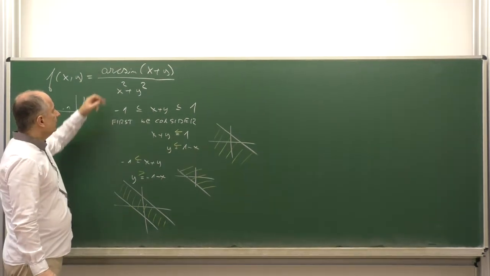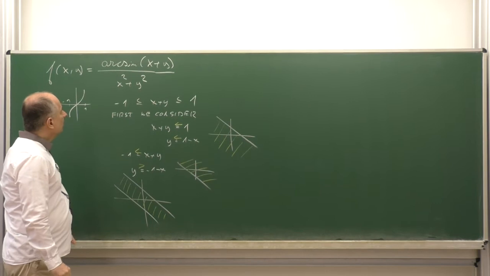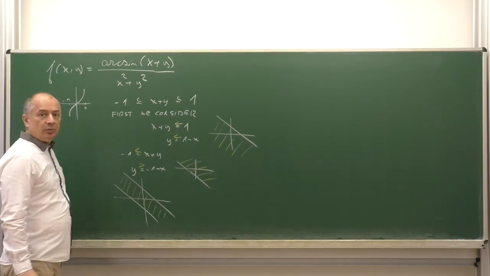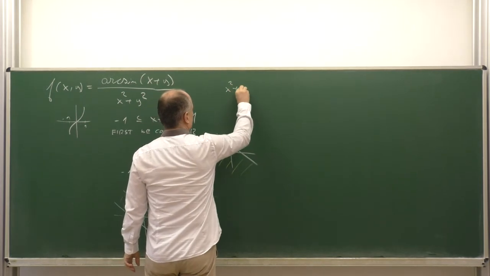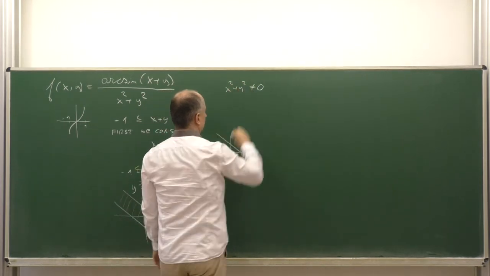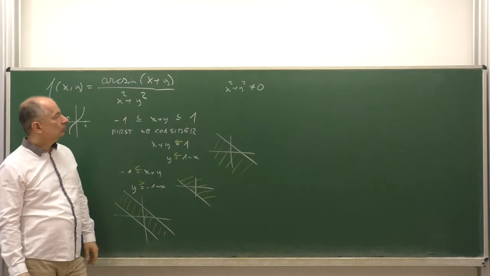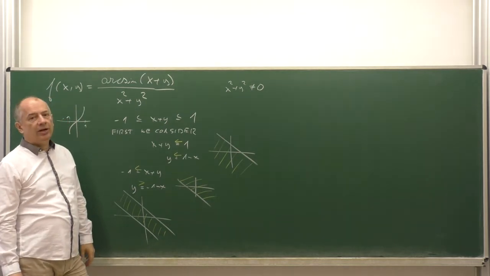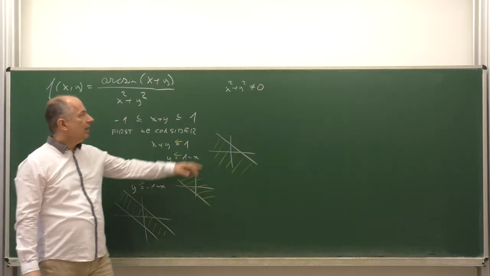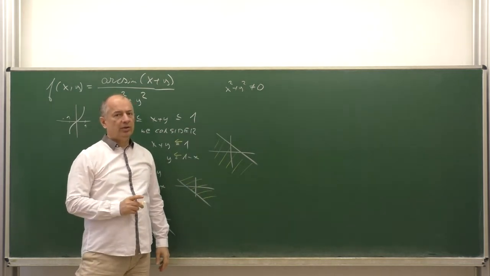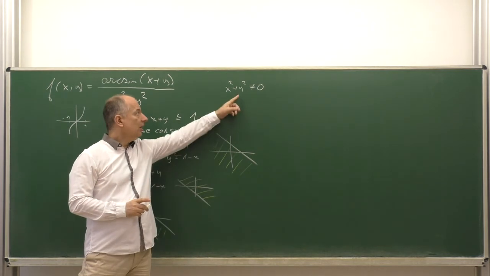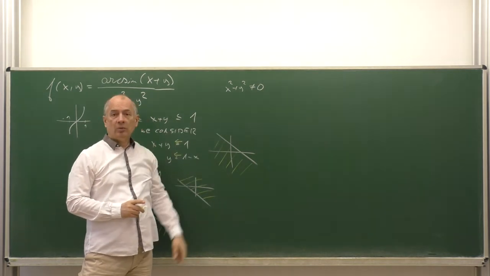But then, to divide, we want the denominator to be different from 0. Well, obviously, for any real x and any real y, this will be never negative. Usually positive, but it may be 0, namely when x is 0 and y is 0.